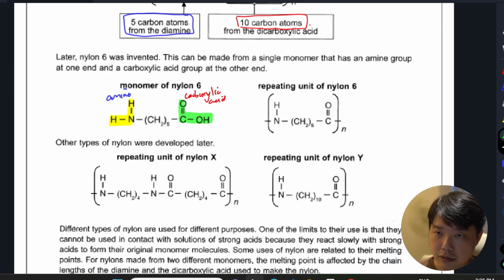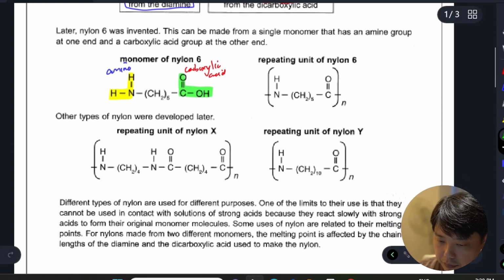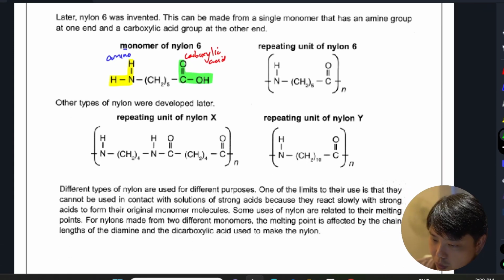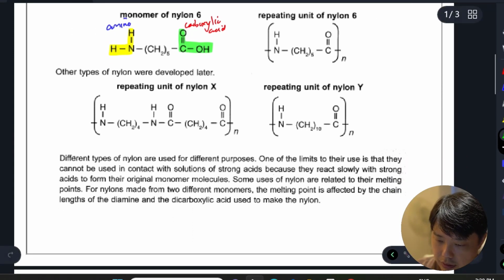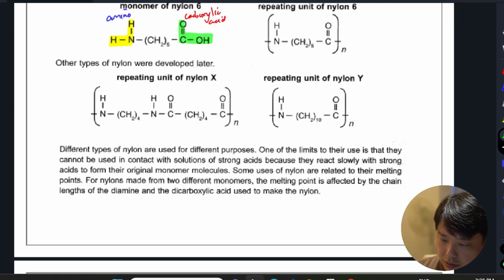So you can get the repeating unit for nylon 6 from there. And then of course you have your nylon X and nylon Y also given. Let's read on. So you have a nylon X. How do you name this? Later on, they're going to ask you, nylon Y, how are you going to name it?